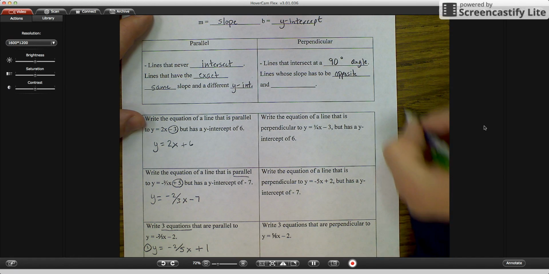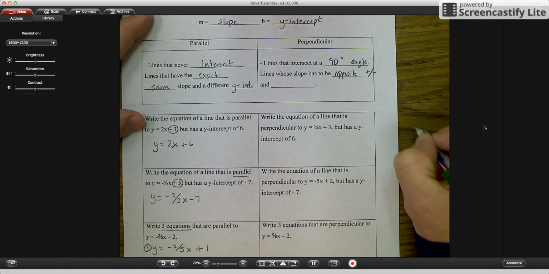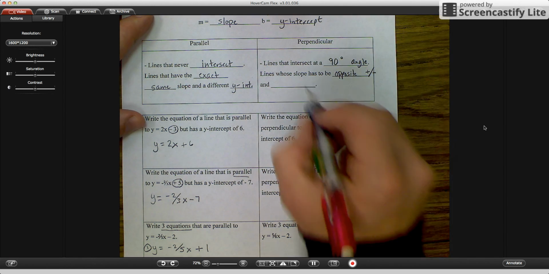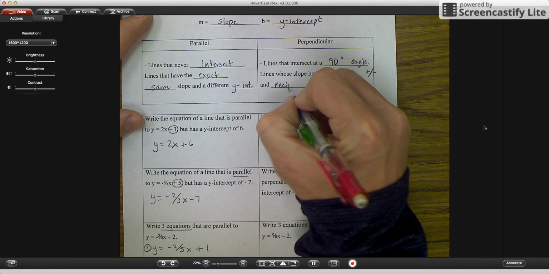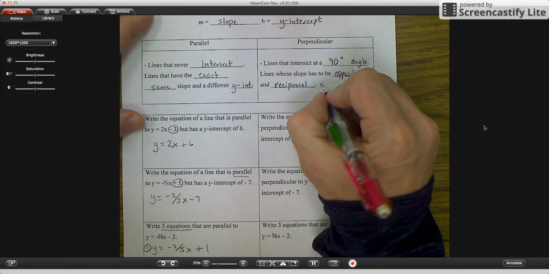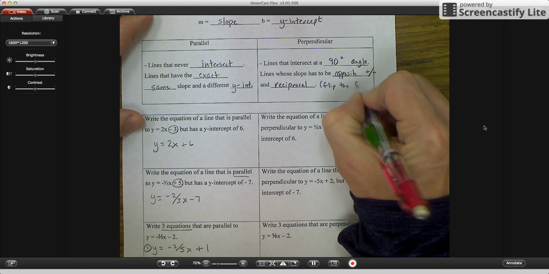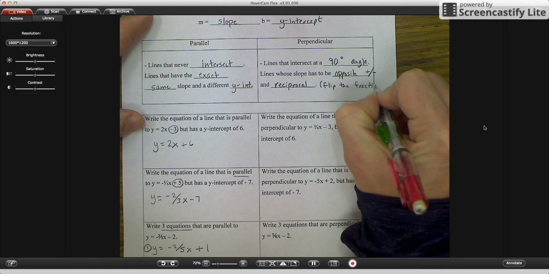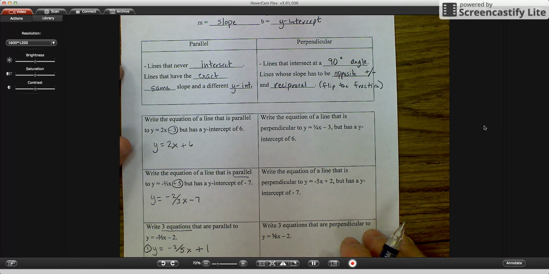And opposite in math means one has to be positive and one has to be negative. The other thing they have to be is reciprocal. And reciprocals have to do with fractions, and that's where you flip the fraction. So again, calling on vocabulary that you have heard before.